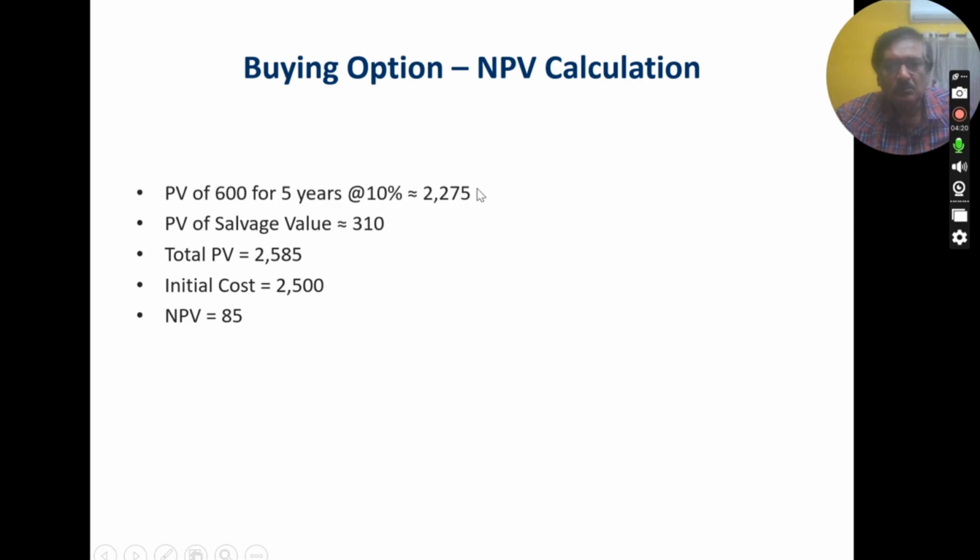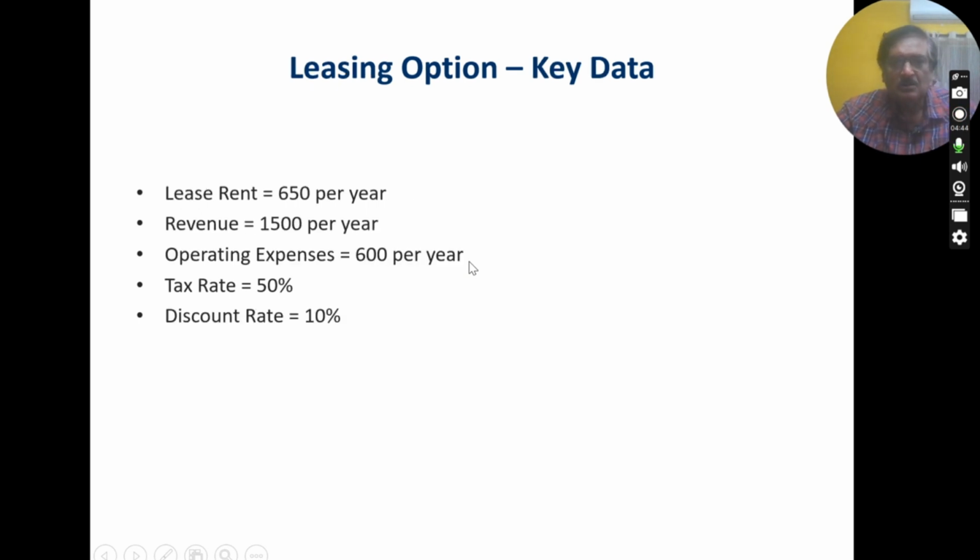The total present value, this plus this, that is 2,585, and initial cost is 2,500. That's why NPV is rupees 85. This is rupees 85 for the buying option. This is the net present value. As it is positive, the decision can be accepted. But which one is better? For that, we also have to calculate the leasing option.